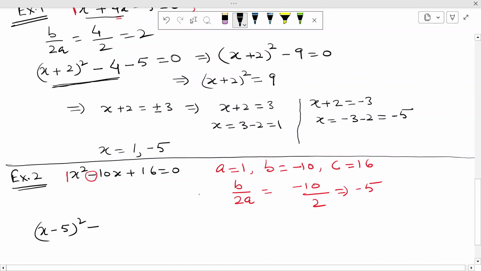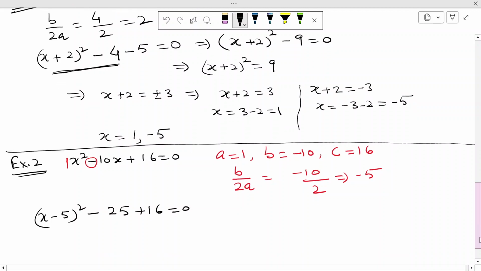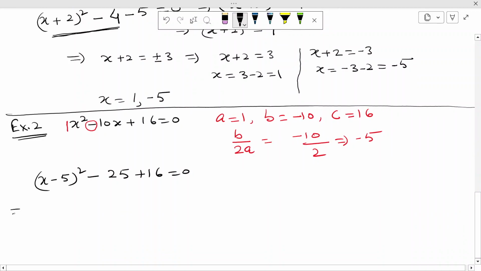We have to subtract the square of b over 2a, which is minus 5, so this is minus 25, and we are having plus 16 is equal to 0. So this will be x minus 5 whole square, and this is minus 9 is equal to 0.